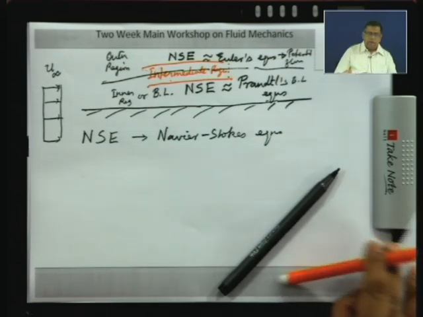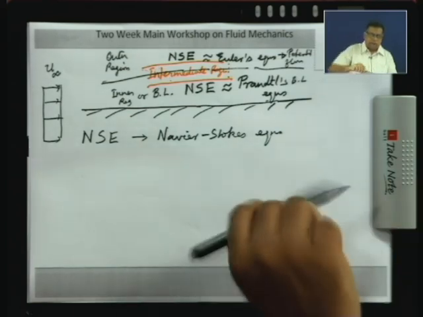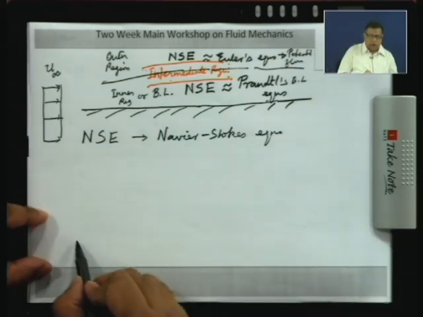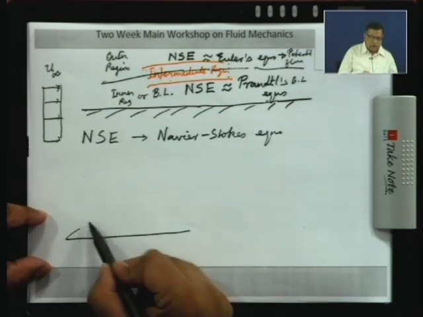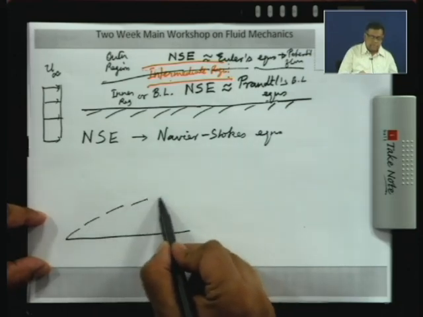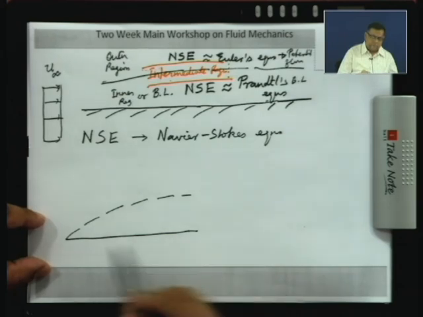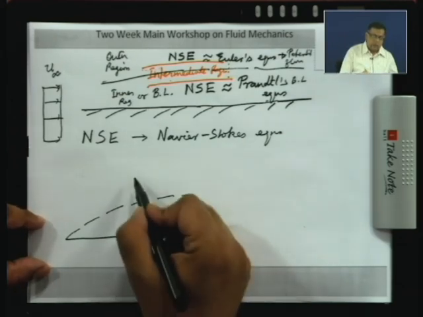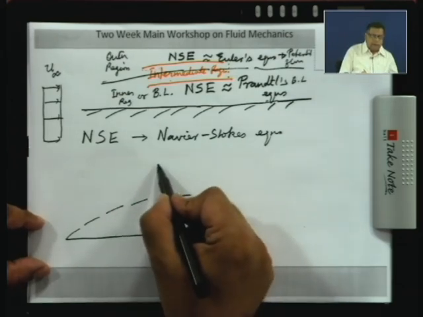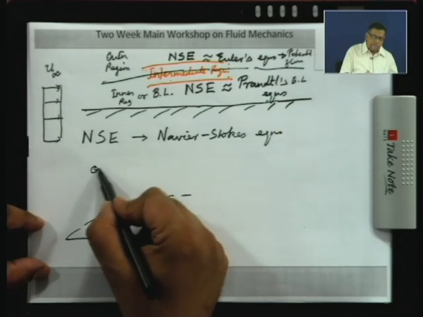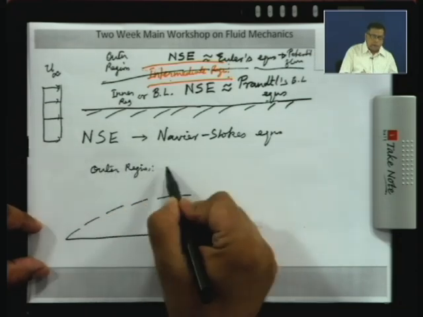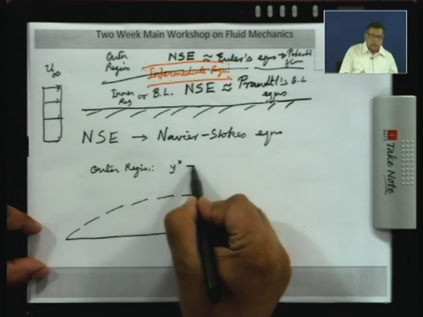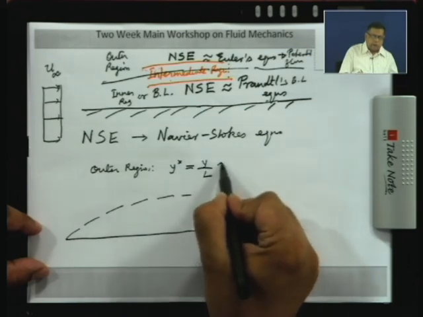So, first of all let us see what is the size of the regions. So, I will draw another figure here and let us say this is the boundary layer. Now, if you take a point here in the outer region, we are saying that y star, which is y by the length of the plate, is order 1.